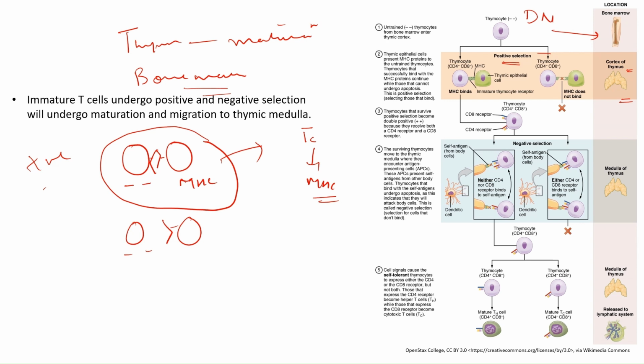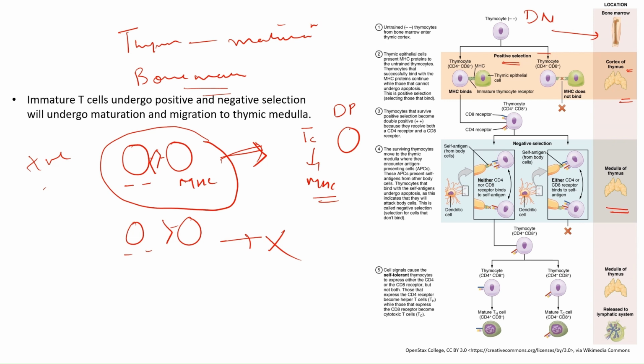They are getting a chance to interact with the MHC. The cells that can interact with MHC will get selected, and the cells that cannot interact with MHC will be discarded. Once they interact with MHC and get selected, these cells become double positive. That means now they contain both CD4 and CD8 markers. Now they will enter the medulla of the thymus.